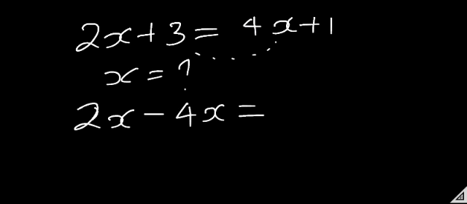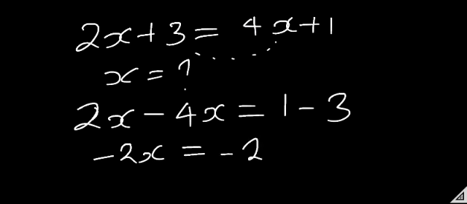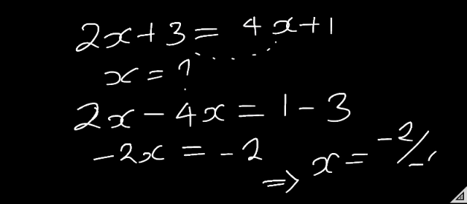So we take 3 to the other side, so that will be 1 minus 3, right? Now 2x minus 4x, that will be minus 2x is equal to 1 minus 3 is equal to what? Minus 2. So we make x the subject of formula. So if x is the subject of formula, that will be equal to minus 2 over minus 2. And minus 2 over minus 2 is equal to 1. So the answer here is x is equal to 1.